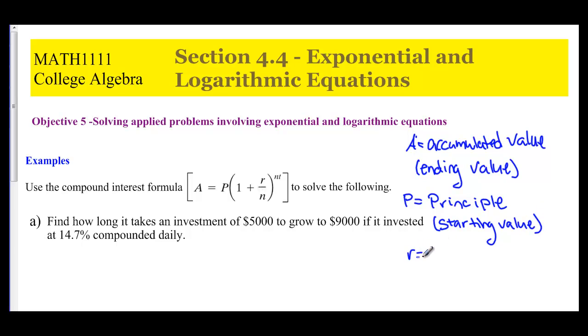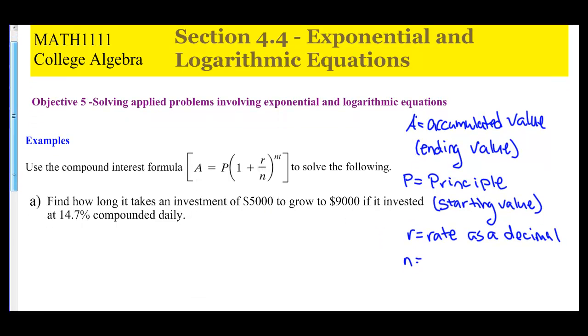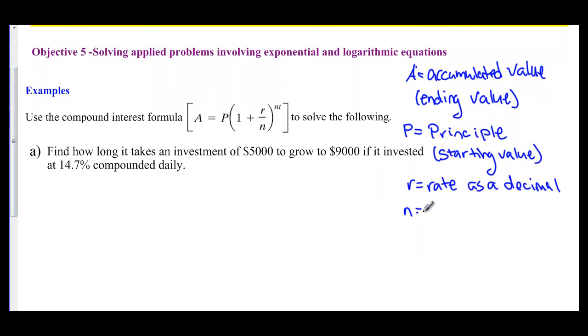The R is your interest rate as a decimal. N is going to be the number of times the money is compounded per year. And T is going to be your time, and that's going to be in years.